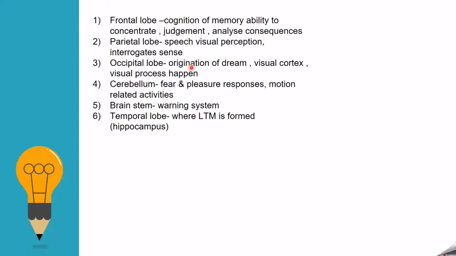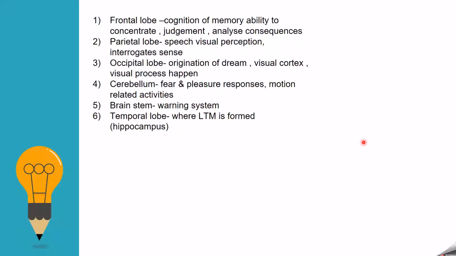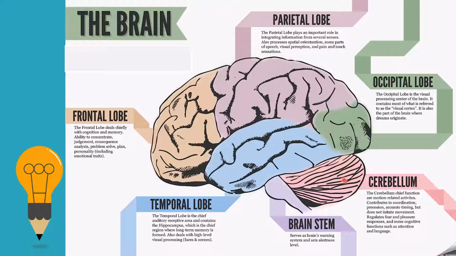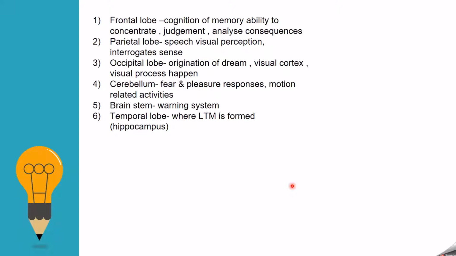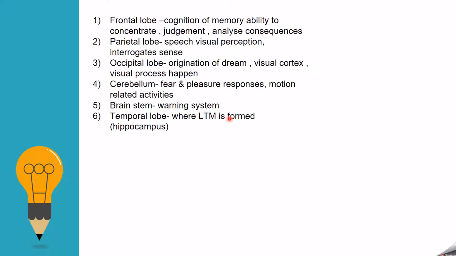The occipital lobe is the origination of dreams and the visual cortex. The cerebellum is fear and pleasure responses, so motion related, more motor skills are stored here. The brainstem is a warning system, and the temporal lobe is where long-term memory is formed, in the hippocampus.